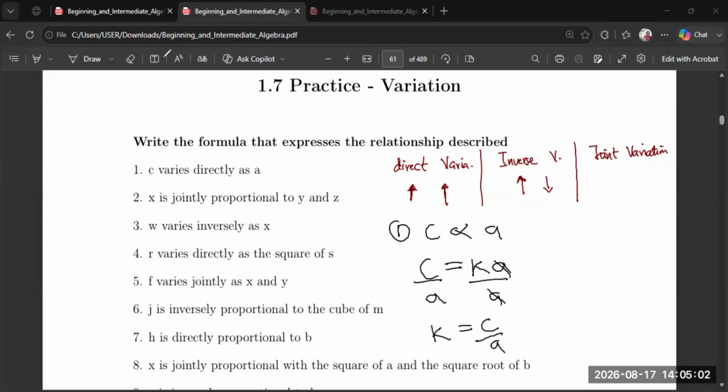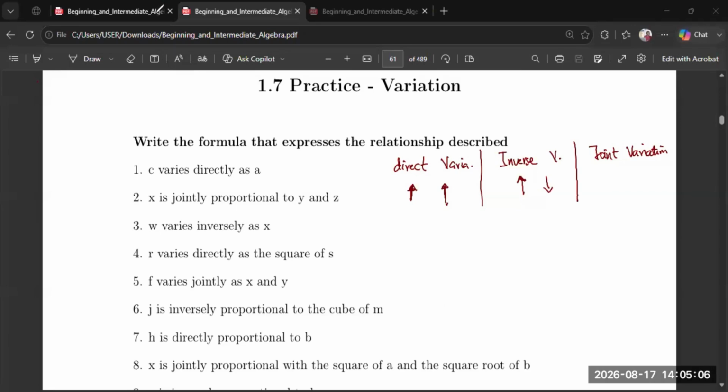Yeah, thank you very much, Mr. Chinonso. That was really clear and insightful. When you were explaining these kinds of variation, what came to my mind is something more realistic in application. Think of direct variation as, for instance, buying pizza.